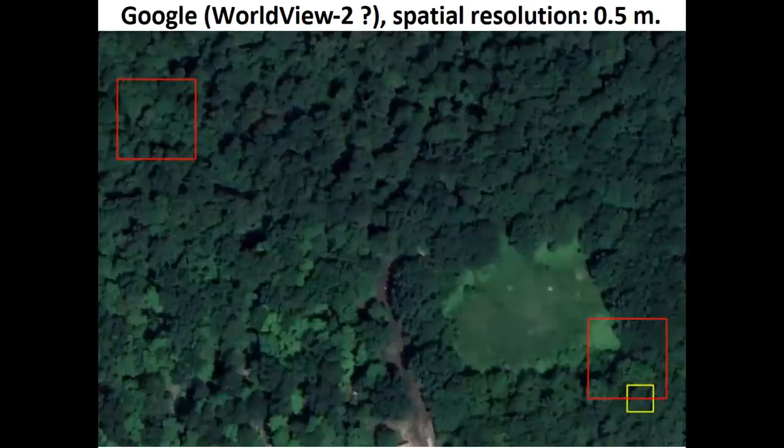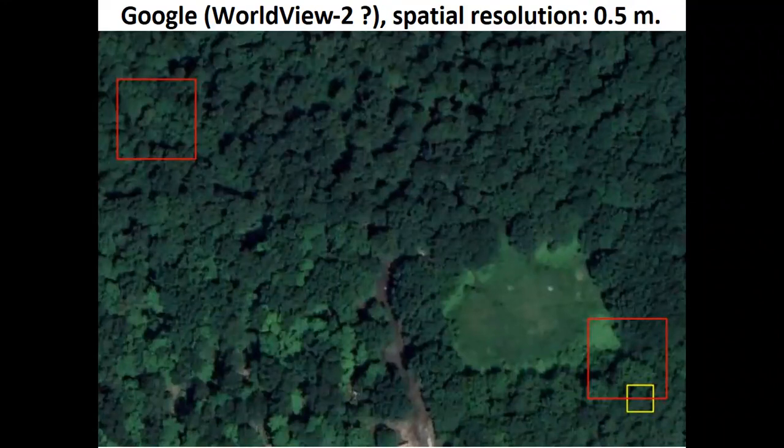That's just an example. This is a screenshot from Google Maps. In Google Maps, for big cities and populated areas, we usually have very high resolution images. So you could see here a particular park in the city of Moscow, the capital of Russia.